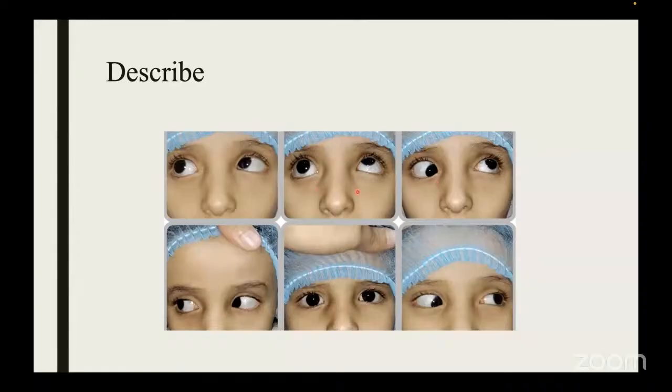And so in the straight up elevation, the right eye seems to be more in an exo position, and there is limitation of elevation too.